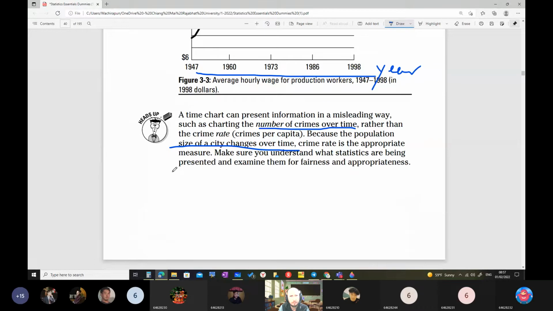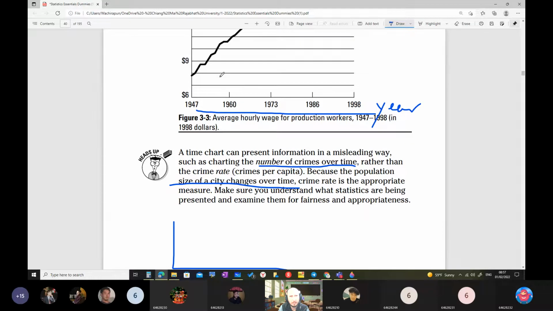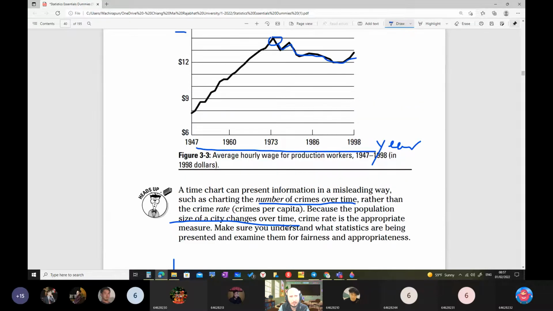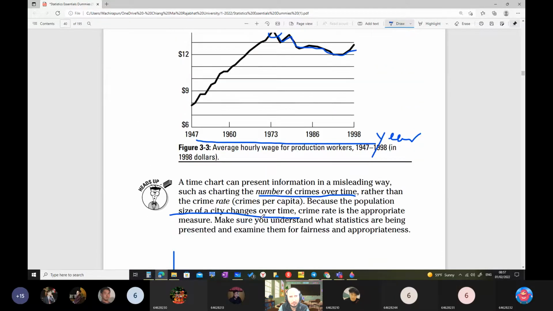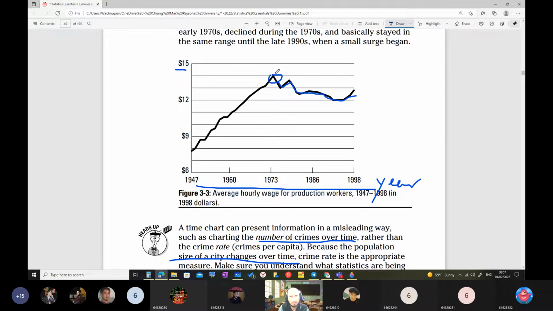So for example, we have more of something, right? And it can be misleading. So you have to pay attention. You see here, because in the country from 47 to 98, we have more people.